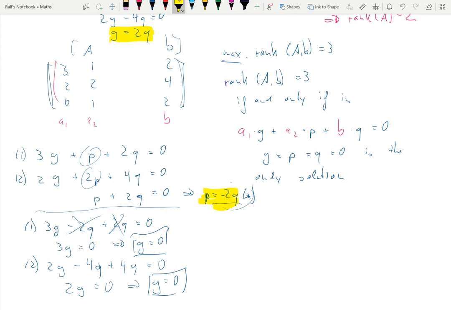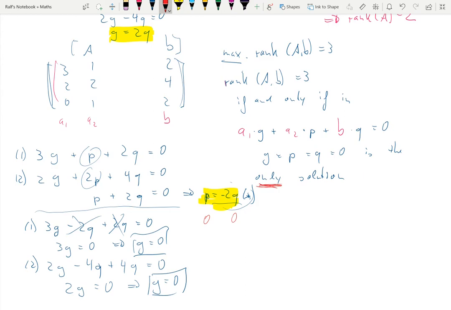Well, a value that will make this true is if P and Q are 0, right? If P and Q are 0, that will be true. So we are back at the trivial solution, G, P, and Q equal to 0. That is a solution. The question is, is it the only solution?